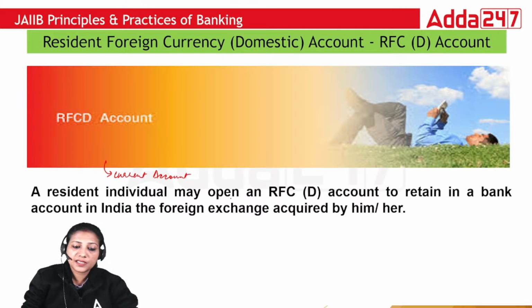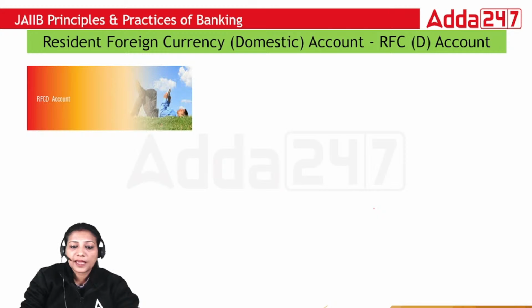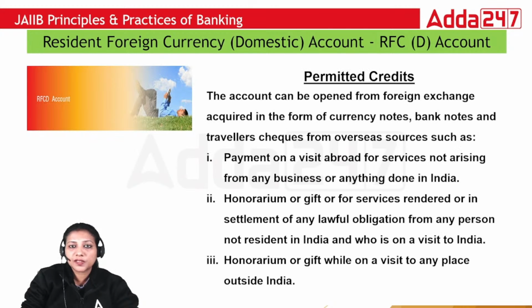A resident individual may open an RFC-D account to retain in a bank account in India the foreign exchange acquired by him or her. And this is not because they were working outside. So there will be other sources from which he or she has received money in foreign currency, and that can be deposited in RFC-D account.